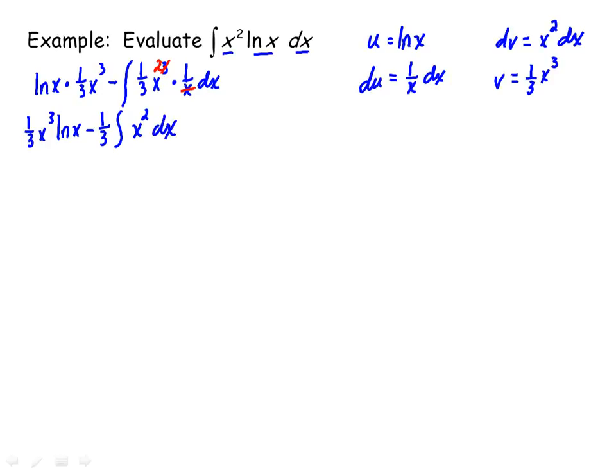Did our integral get better? A bunch. A whole lot better. Do you know how to take the antiderivative of x squared? Well, yeah, because we just did it. Right? We just did it to the right. So let's go ahead and do that. So we have 1/3, so we don't have to do integration by parts again because we know how to take the antiderivative of that.